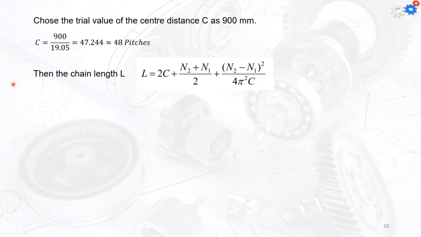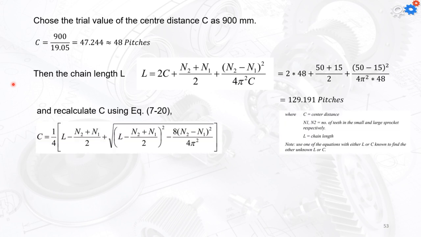So the 48 is less than 50, so it's within the range. And we know the number of the teeth for both sprockets. I'm going to put that in the equation, and I will come out with the L value to be equal to 129.19 pitches. So definitely I can choose the L to be 129 and continue with the calculation.